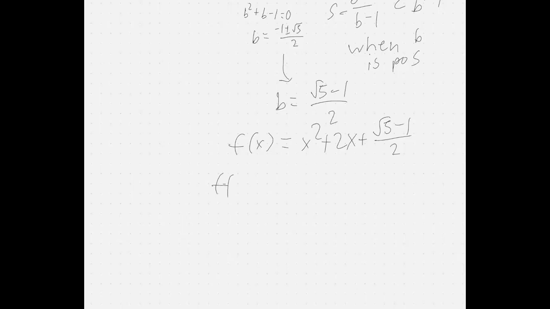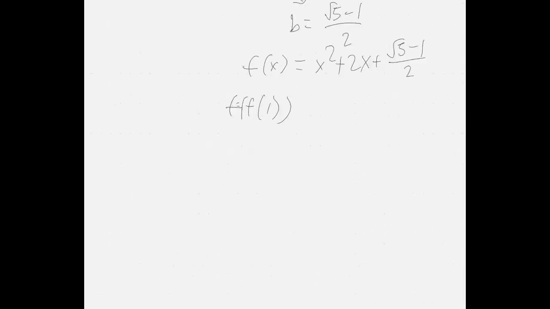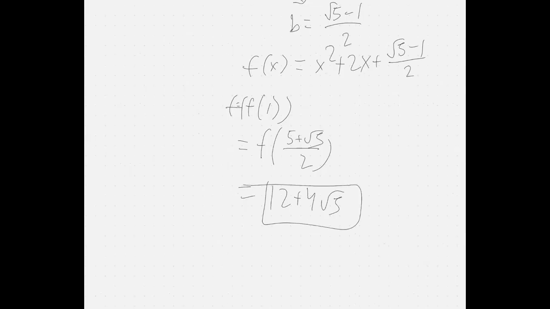And f of 1 is 5 plus root 5 over 2, and after expanding, you get 12 plus 4 root 5. So are there any questions on that one? It was a bit long.